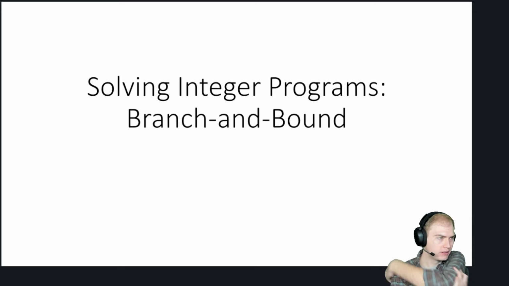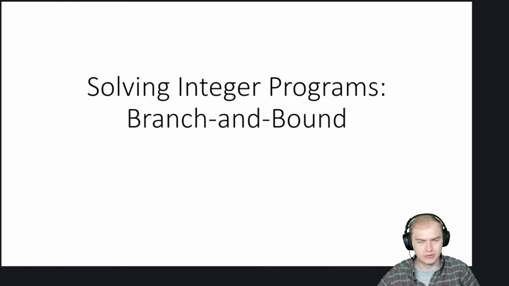So we're going to talk about one way that we solve integer programs and why integer programs are or can be problematic compared to linear programs. And branch and bound is probably the most important way that we solve integer programs.